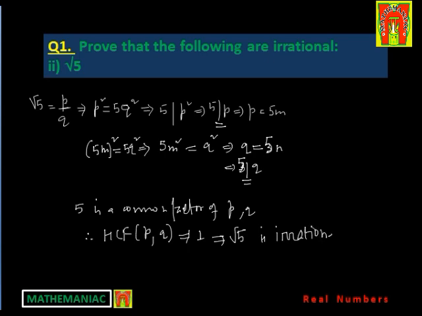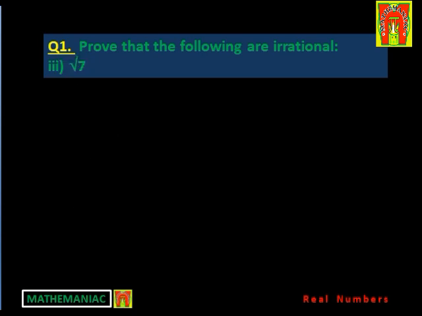Actually, whenever you get any prime number under the root like this, it will always be irrational, and the proofs are always the same. So I'll skip the proof of this. I'll skip all these proofs because this time you replace the previous 5 by 7. Then next you come to 17.